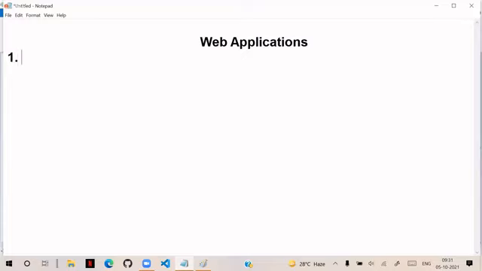So we are going to build web applications. The first question here is, what is web? Because we are going to build web applications, first we have to know the concept of the web. Remember, these are theoretical things you have to know before starting anything practical.